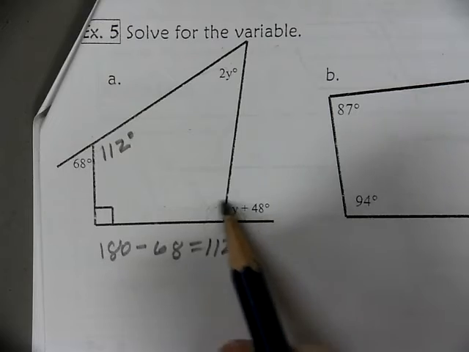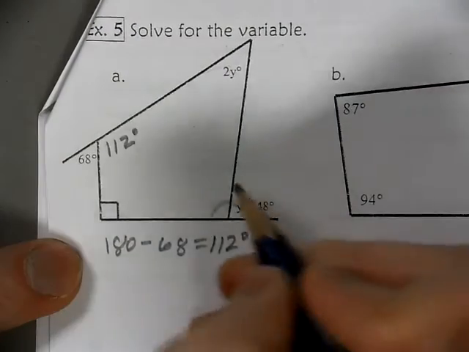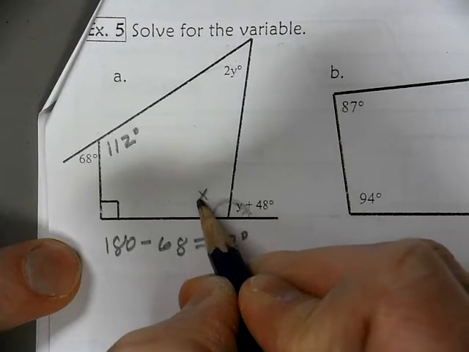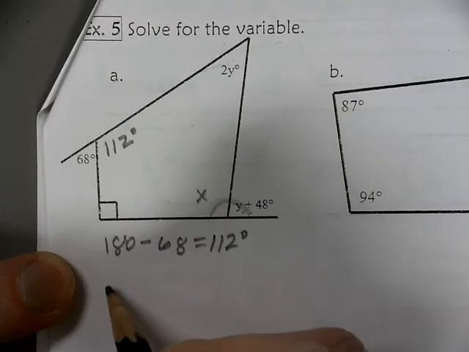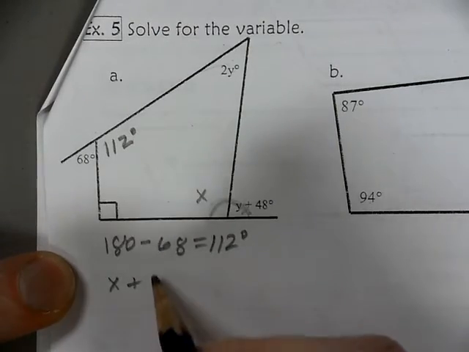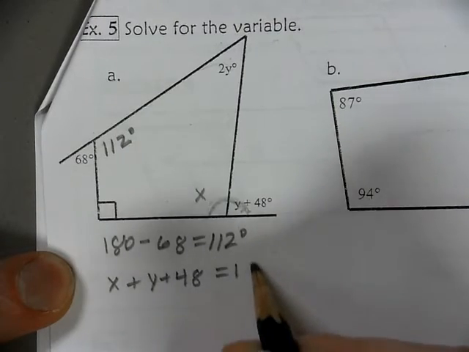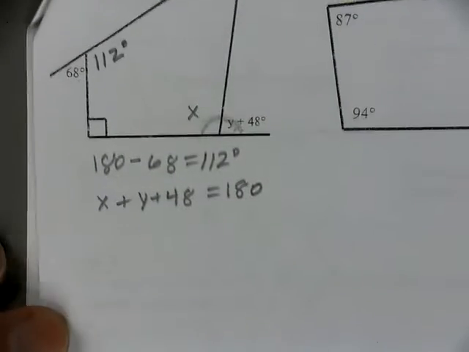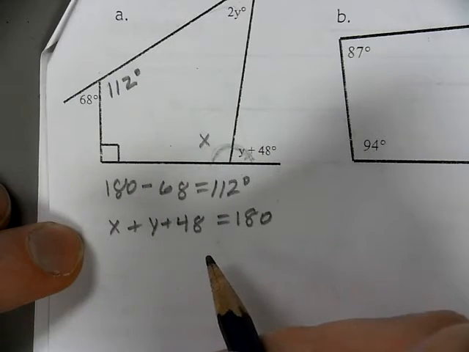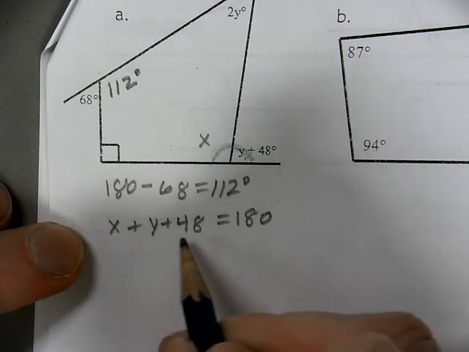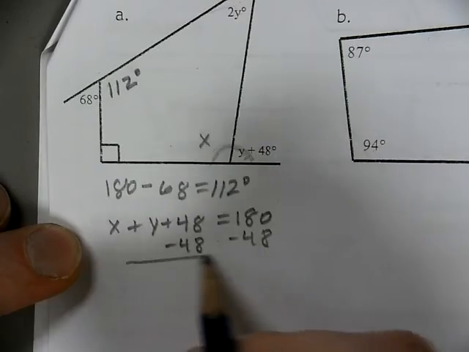And then here, this is going to be a little trickier. Okay? We're going to call this our unknown amount. We'll just pretend for a moment that it is x. So we're going to say that this x plus the y and 48, together they add up to 180. So we're going to subtract the 48 to the other side.